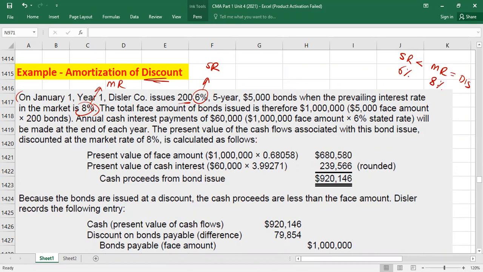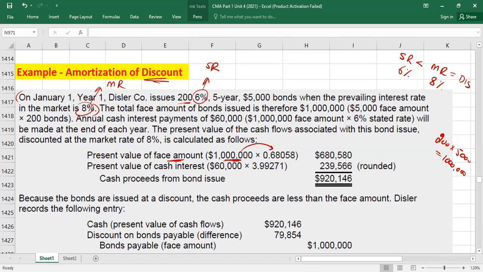So very first thing you have to calculate present values. Right? Present values how will be calculated? First take the face value. Face amount is how much? 1 million. How did you get it? Because the number of bonds is 200, face value per bond is 5,000, it is 1 million. And this you will multiply with what? With the PV factor at market rate.